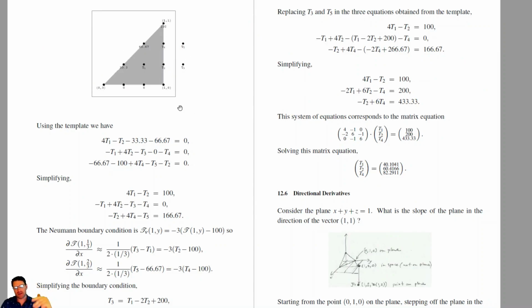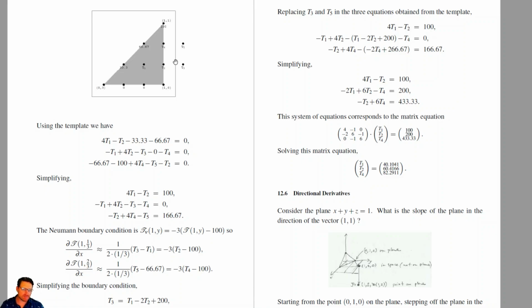Okay, so I apply the template over T1 first. So for T1, and then minus 33.3, minus 66.67, and then minus T2, and then minus 0, so that should add up to 0. That gives us the first equation there.